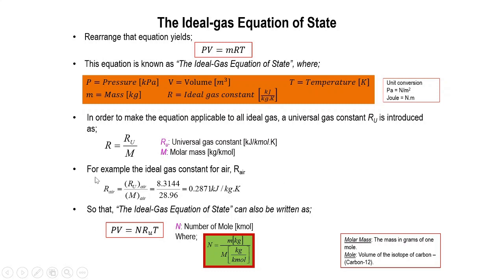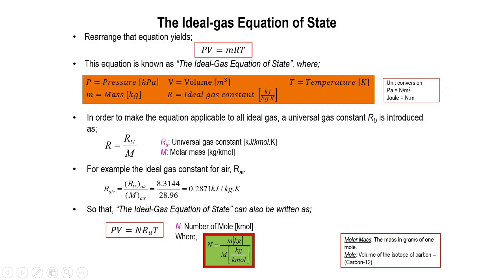For air, Ru is 8.31344 and the molar mass of air is 28.96, so you get 0.2871 kilojoule per kg dot Kelvin.